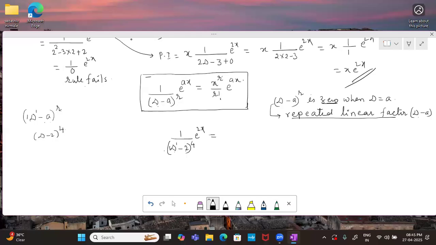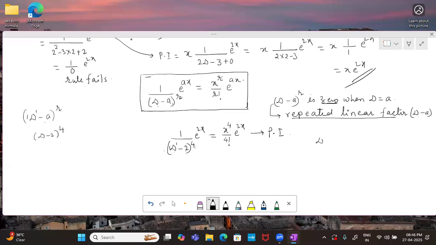So the answer will be like this. What is equivalent to r? If we compare this formula with this problem, r will be 4. It is x raised to 4 upon 4 factorial into e raised to 2x. And that is the PI. That is the answer. So this is the way to find the PI, sometimes in failure case. This factor must be linear and repeated.